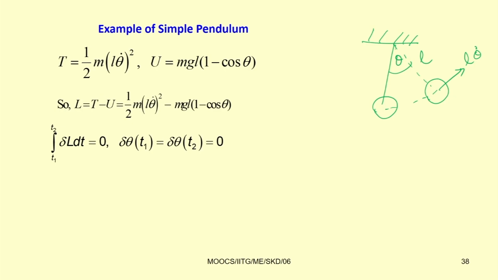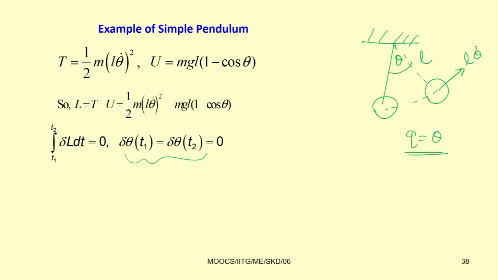So now let us derive this. Delta of the integral of L dt equals 0. According to this principle, here q_k with k equal to 1, and q equal to theta, that is the generalized coordinate. So, delta theta at t1 equals delta theta at t2 equals 0. Let us integrate this.